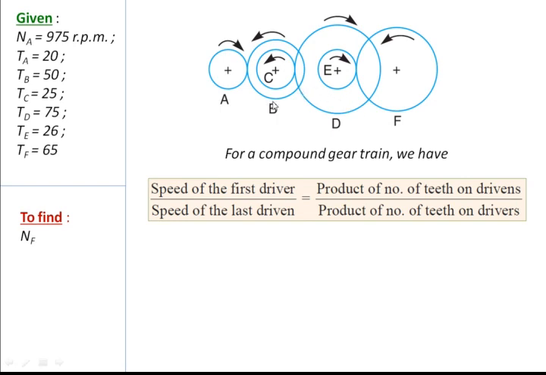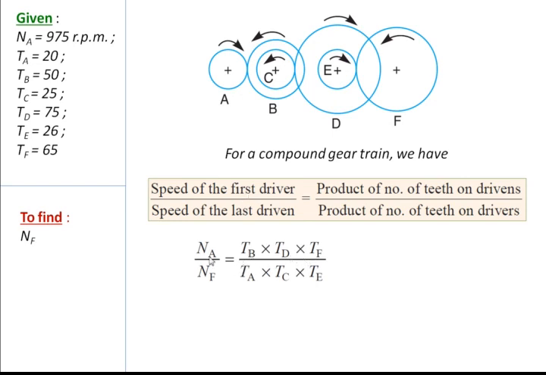Gear B is a driven gear, then D is driven gear and F is driven gear. So we have B, D and F as drivens. Drivers are A, C and E.